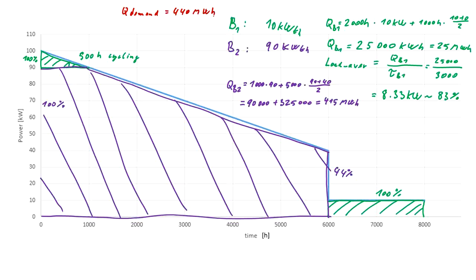megawatt hours, which will be also the area of the whole diagram. So it should be 6,000 hours times the average power output in this period, or average heat demand in this period, which is 100 plus 40 divided by 2, plus 2000 hours times 10 kilowatts.